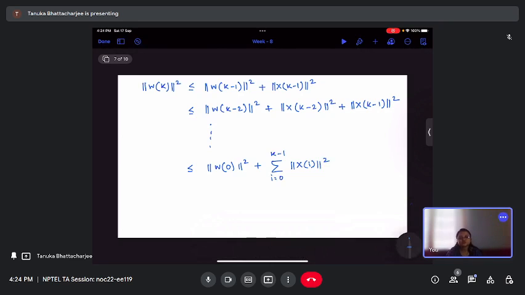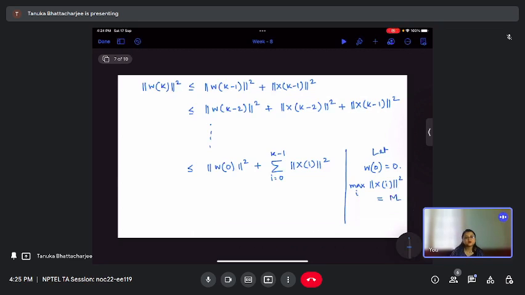So, this will be your final form: norm of W0 square plus summation of norm of xi square, over I equal to 0 to k minus 1. Now, again without loss of generality, we are assuming that W0 equals 0, and let us denote the max over I of norm of xi square equal to m.